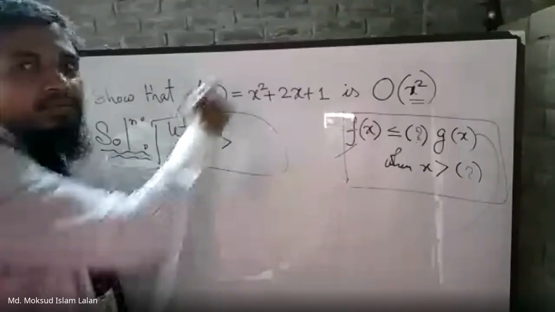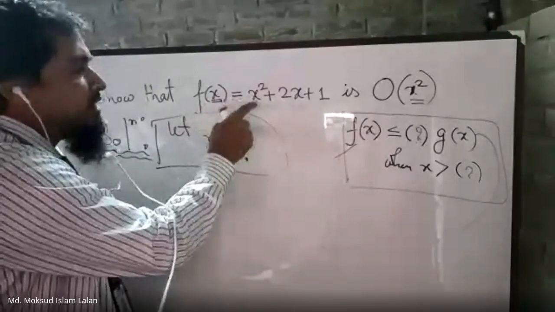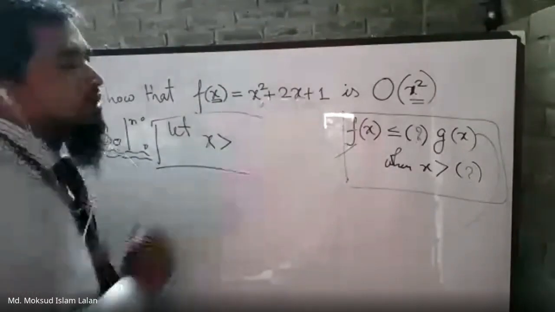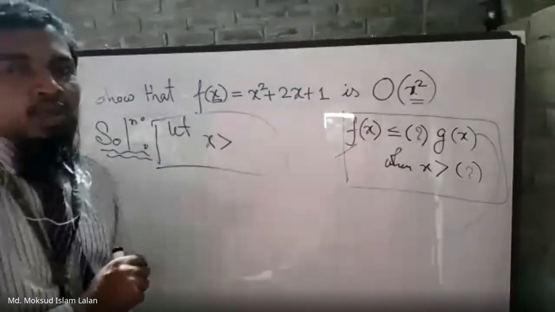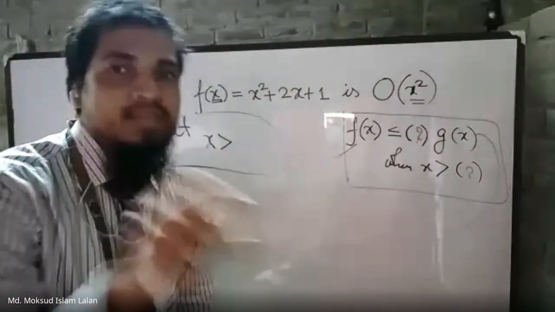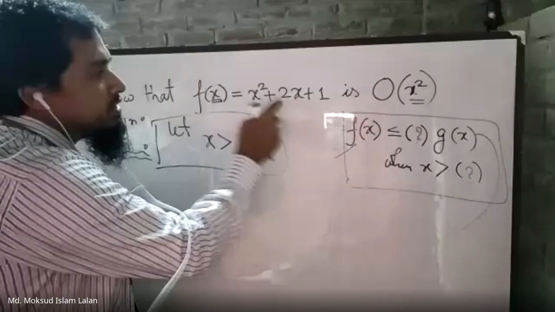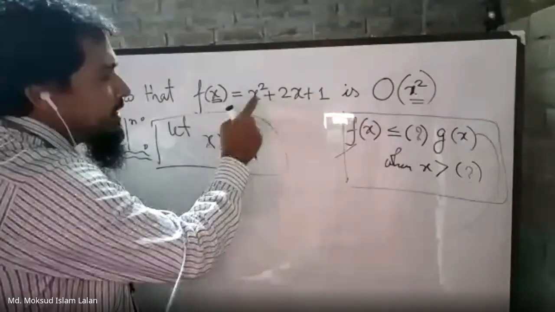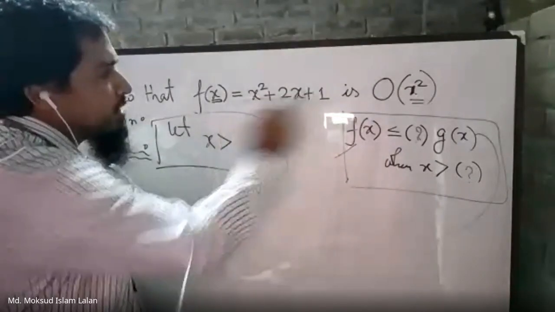The given f(x) form is x square plus twice x plus 1. So you need to consider such a value that maintains each and every term. As for example, here x square plus twice x plus 1.